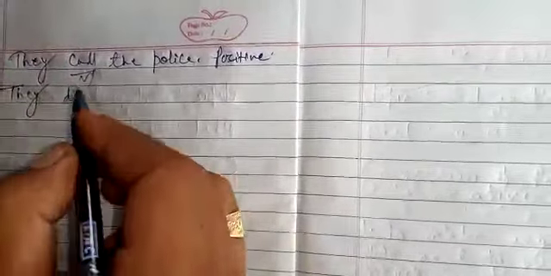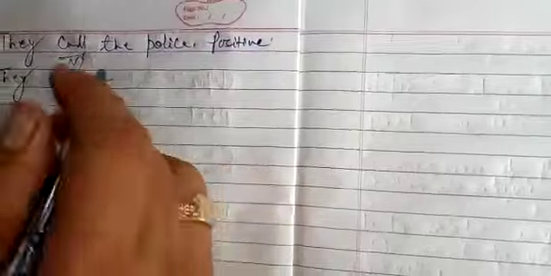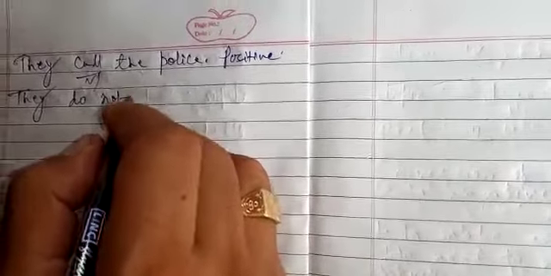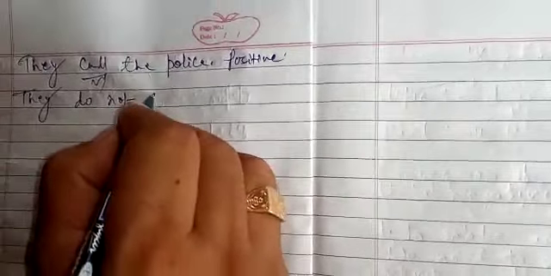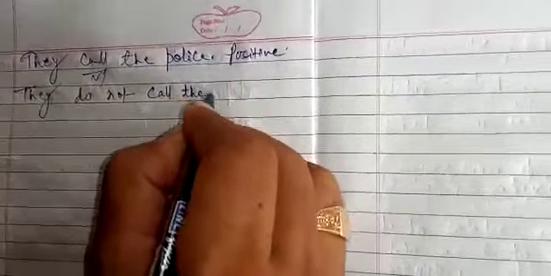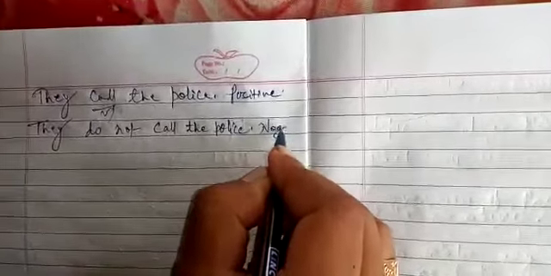And after the helping verb use not. They do not. And as the sentence is negative, only V1 will be used. That's why write down here call. They do not call the police. This is now negative.